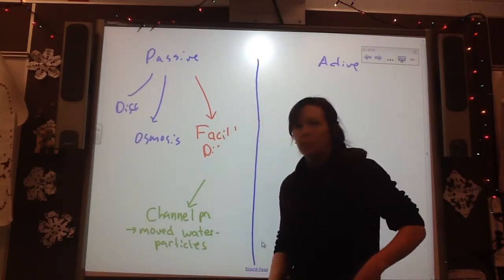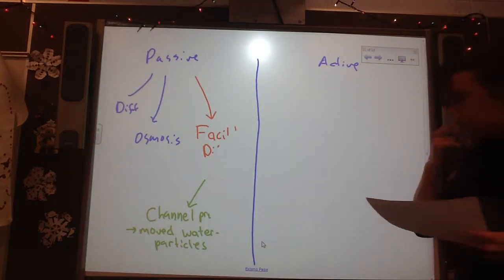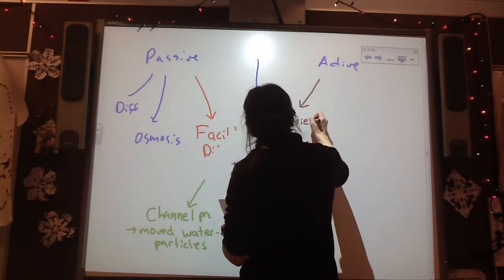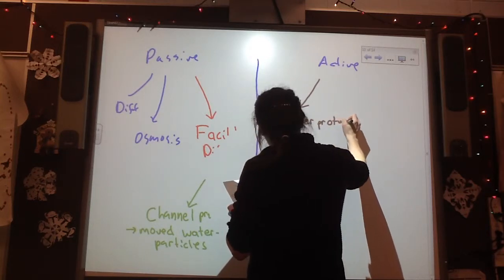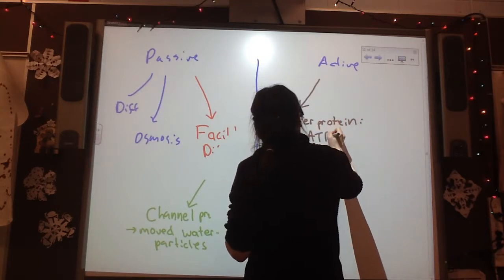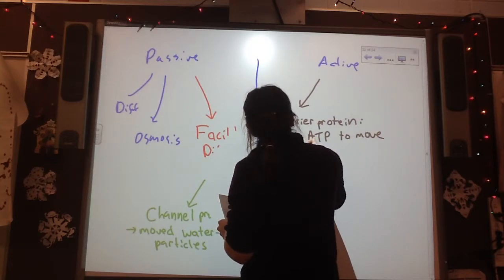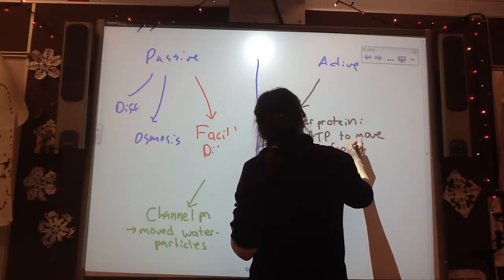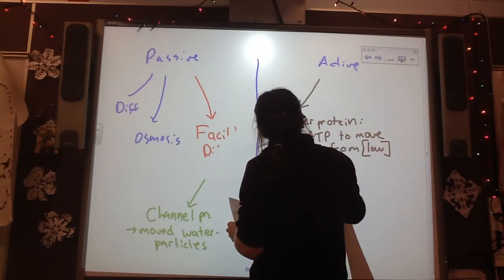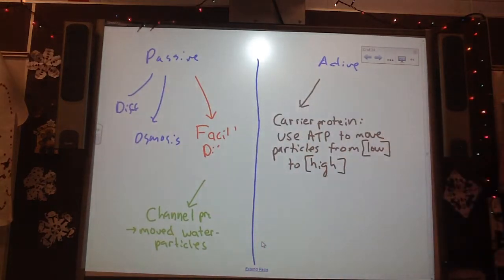Okay, so for active, the one that we just added in is a carrier protein. Uses ATP to move particles from low to high concentration with the square brackets.